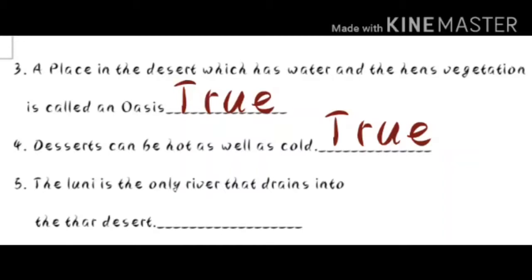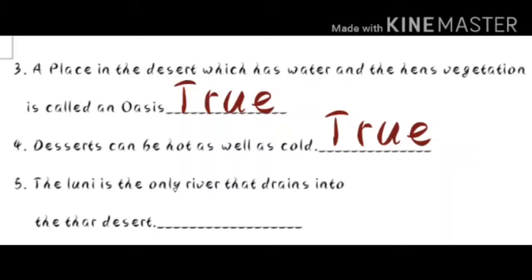The daytime temperature averages 38 degrees Celsius, while in some deserts it can get down to -4 degrees Celsius at night. So, deserts can be hot as well as cold.